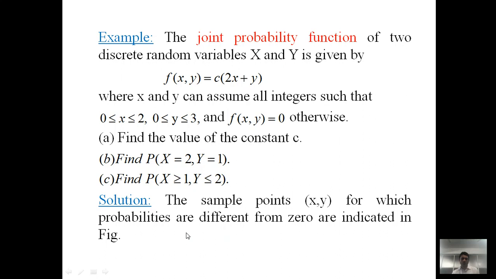So right now we have to discuss the probabilities that are different from 0, that is, only the non-zero ones.